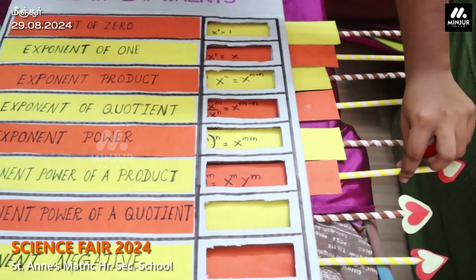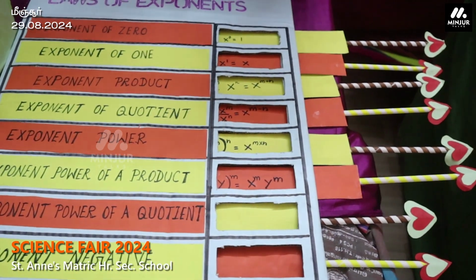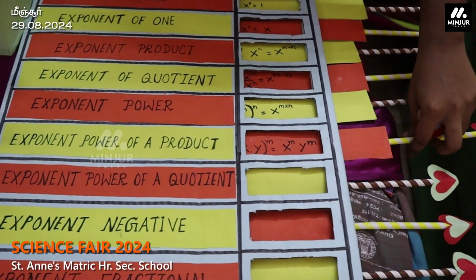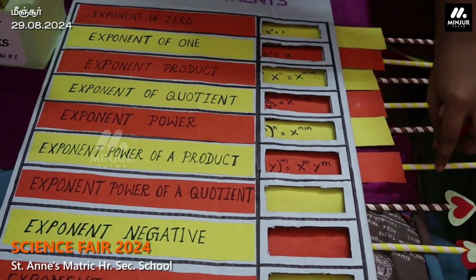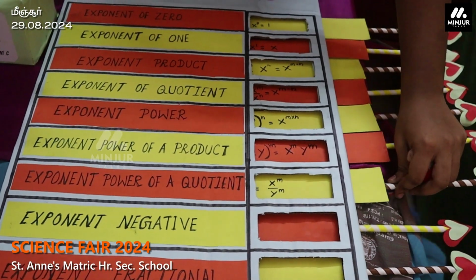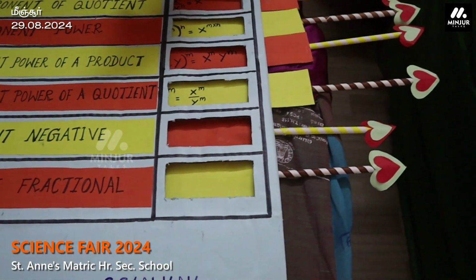Exponent of product. Exponent of product is multiplying and distributing the power to each base. x into y whole power m is equal to x power m into y power m. Exponent of quotient. Distribute the power over the quotient. Exponent of negative.